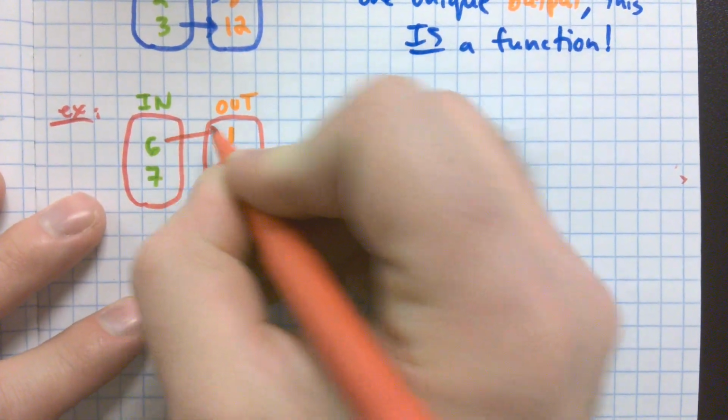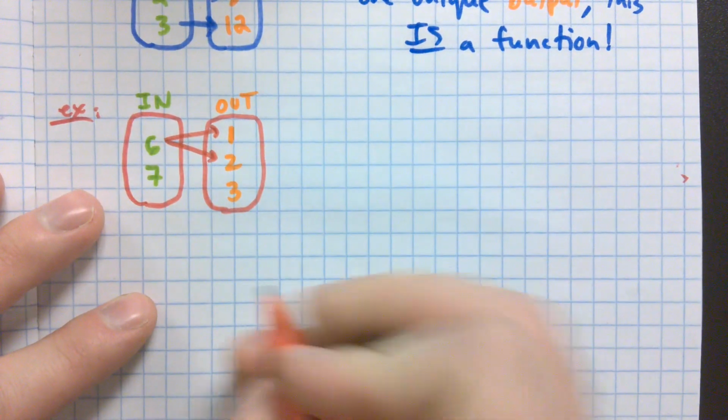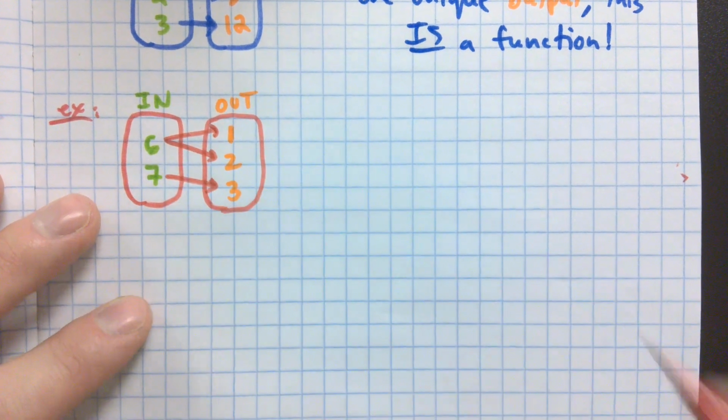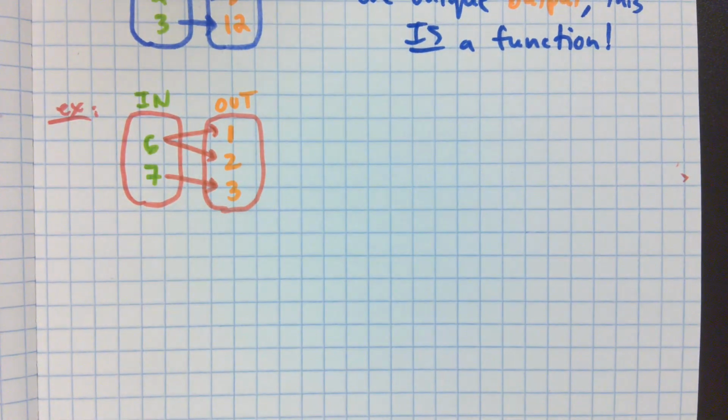But down here, let's say we've got an input of 6 that gives me an output of 1 and an output of 2. We've got an input of 7 that gives me an output of 3.